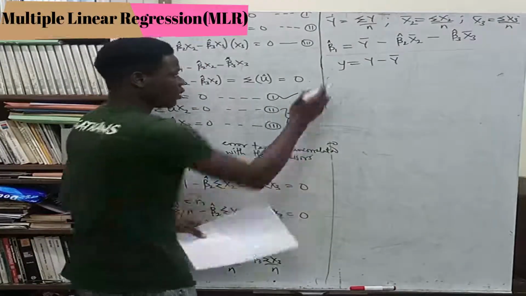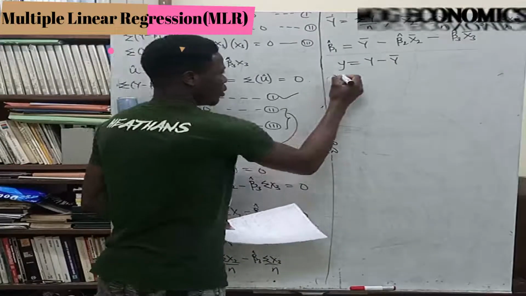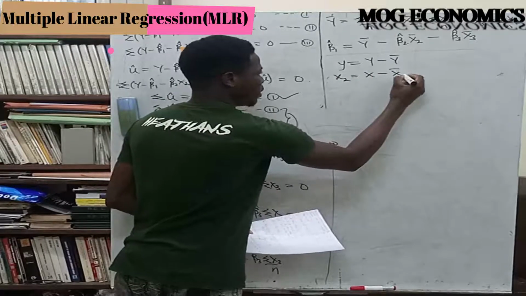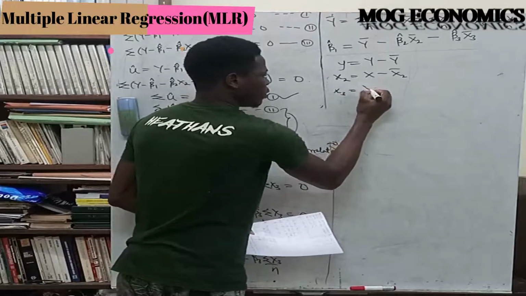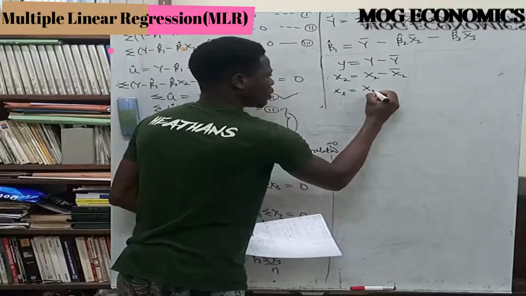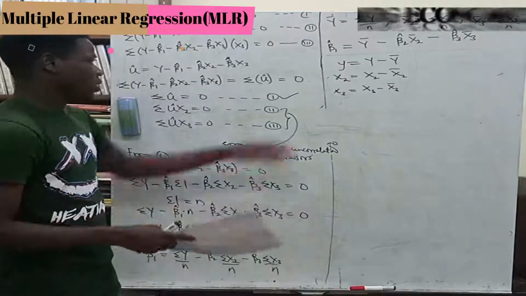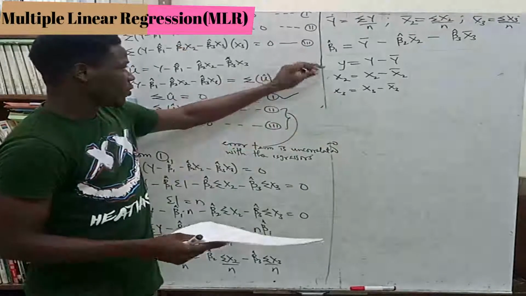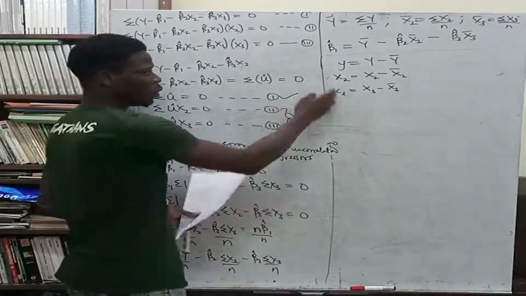So in this case, your y will be equal to y minus the mean of y. Your x2 will be x2 minus the mean of x2. Your x3 will be x3 minus the mean of x3. So all these are already in the deviation form, and what is important is that you write it out in small letters.